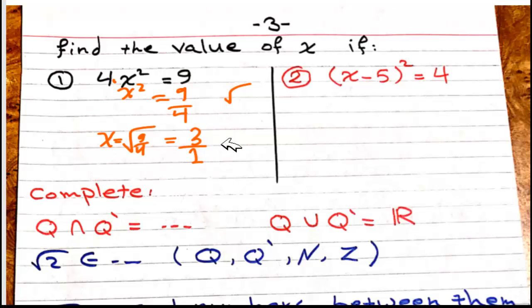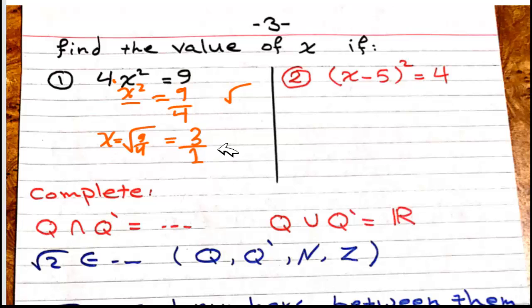But I have something here, Mr. 9 over 4. If I take the square root, I have here x squared. So I can say 3 over 2, but Mr. I can say negative 3 over 2.